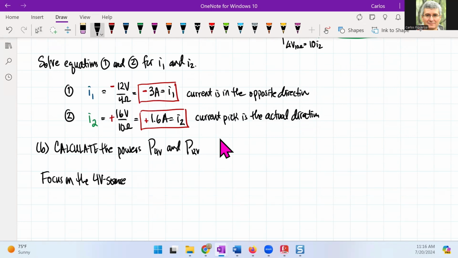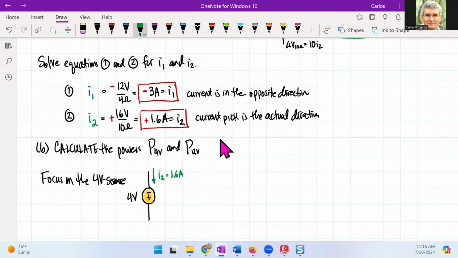So when I do that, I have this guy right here. And I know this is minus, this is plus. We know that this is 4 volts. And then we calculated the current. We know that this current I2 we got as 1.6 amps.